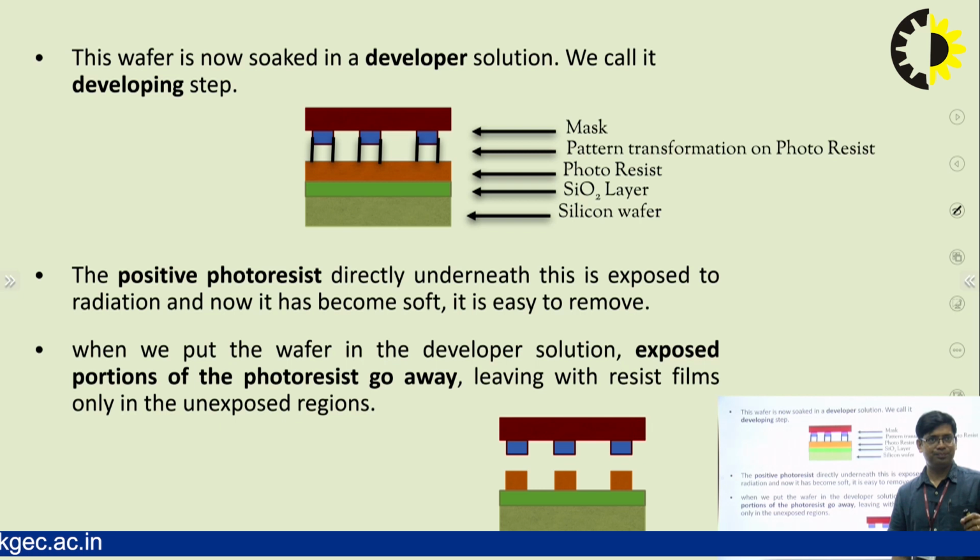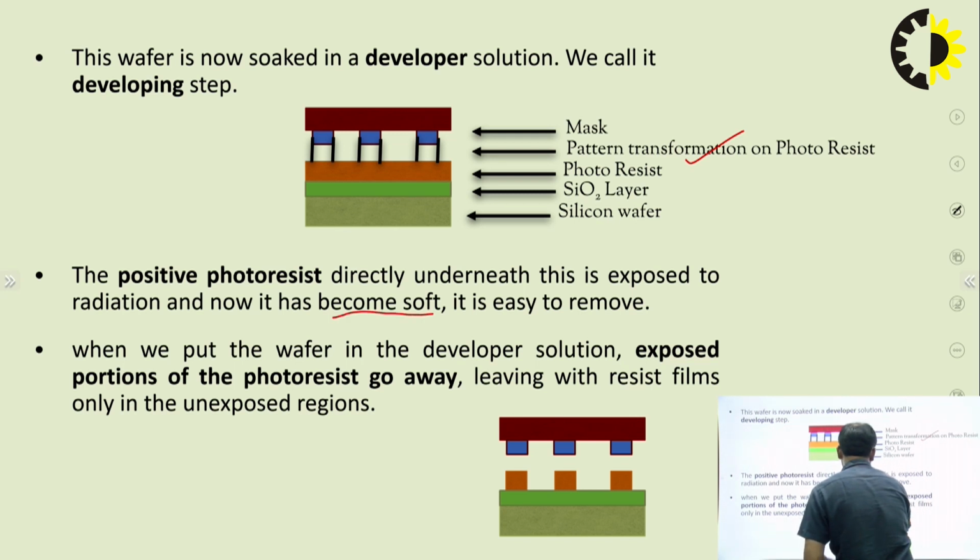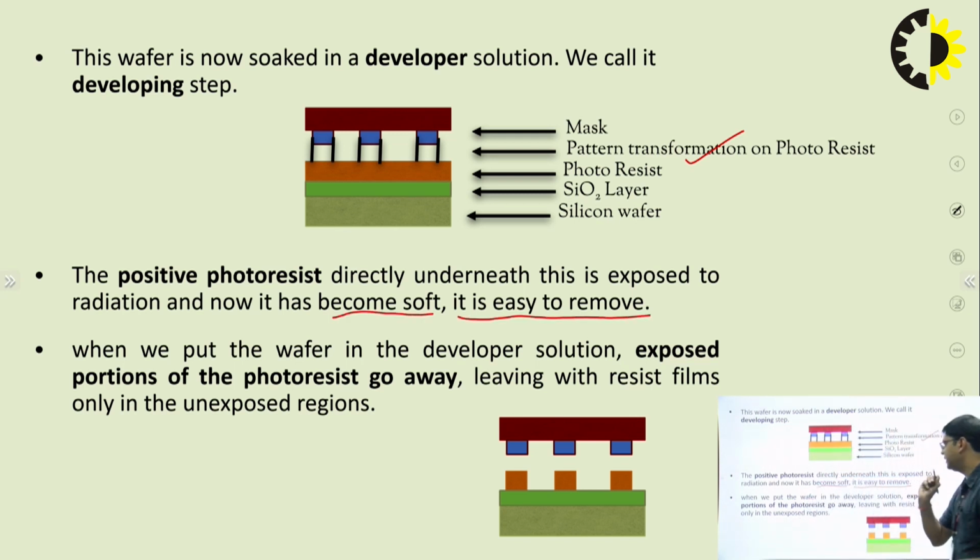Now, here in this figure, please see, we have shown the pattern transformation on the photoresist. The positive photoresist directly underneath this is exposed to radiation, and now it becomes soft. Now it becomes soft and therefore it is easy to remove.